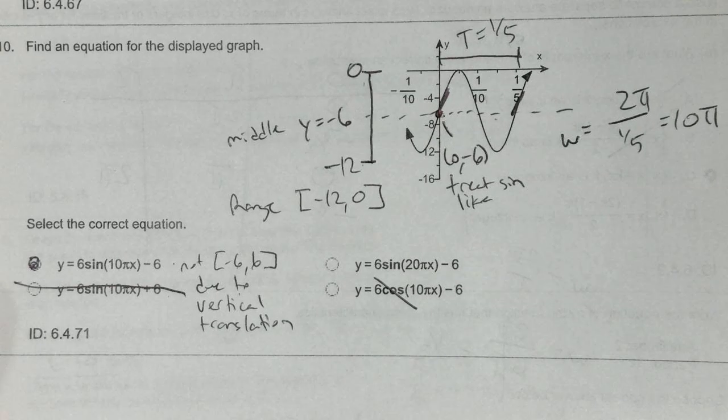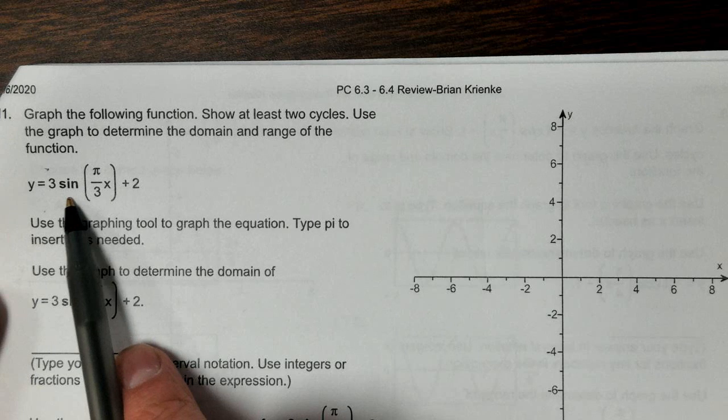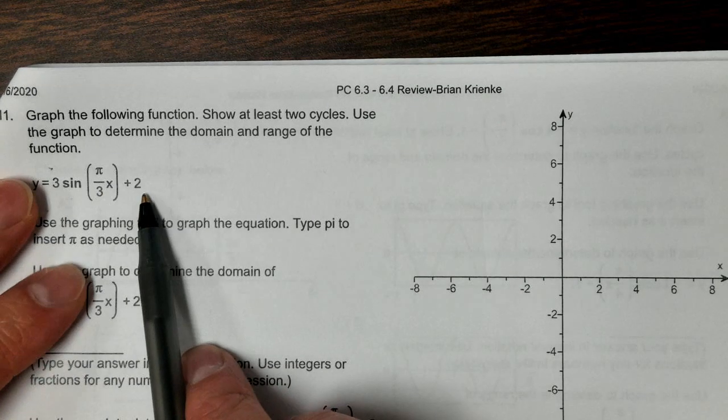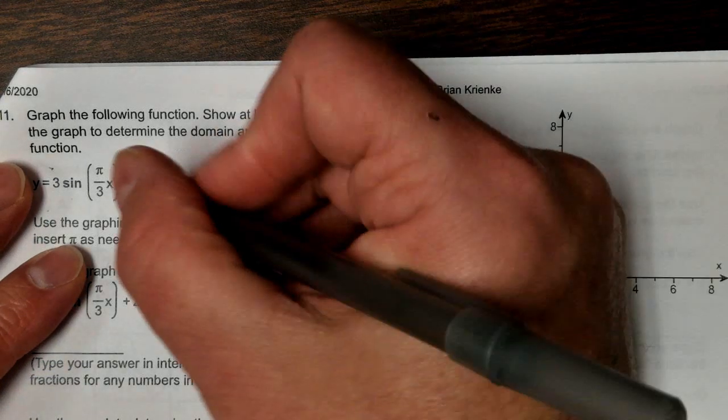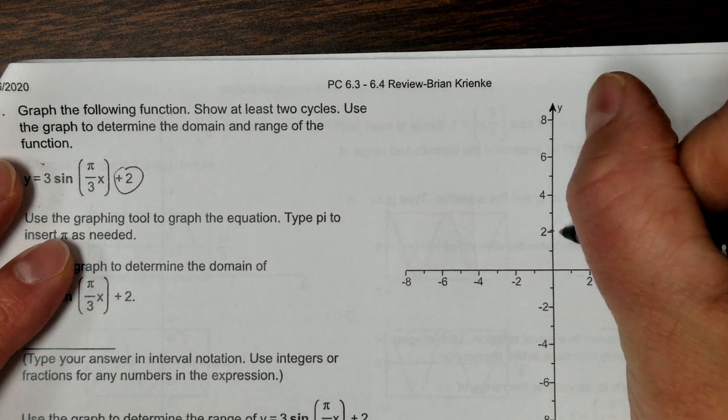Okay. Number 11. This one says 3 sine pi thirds x plus 2. So the first thing we know is it's up 2, and that's where our middle line's going to be.